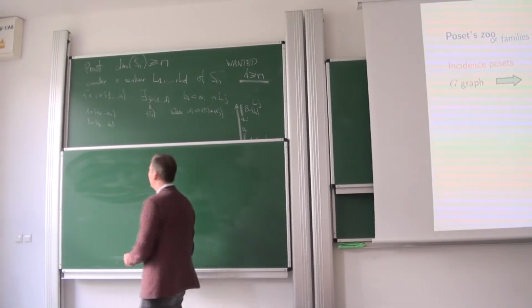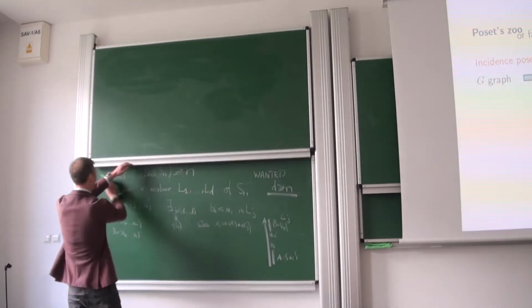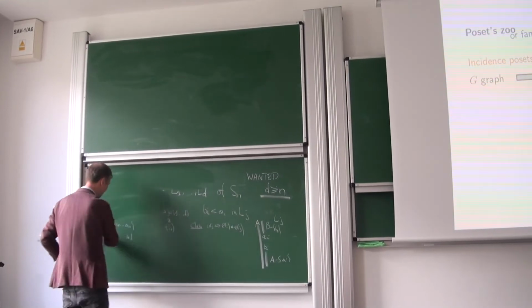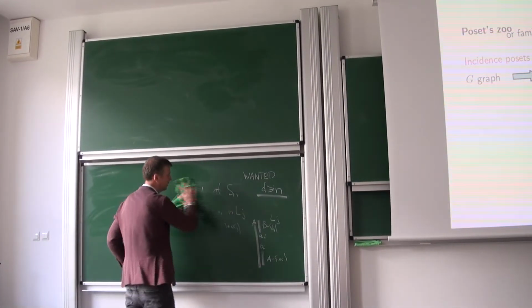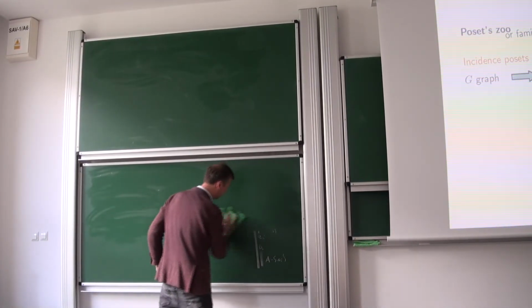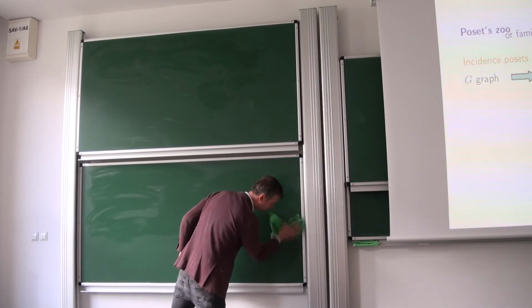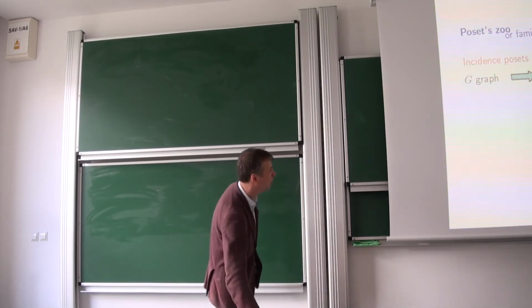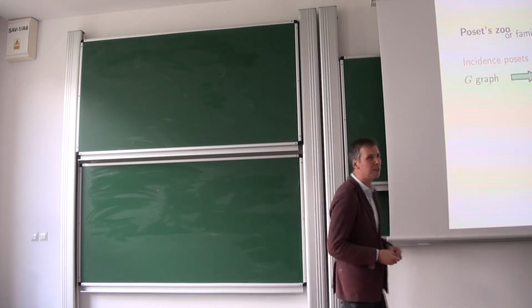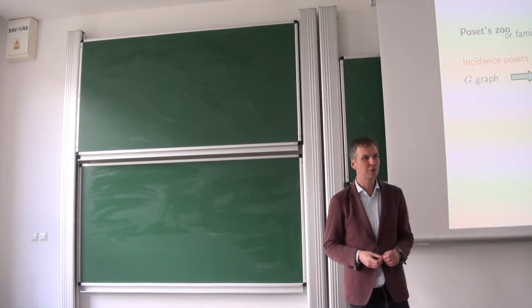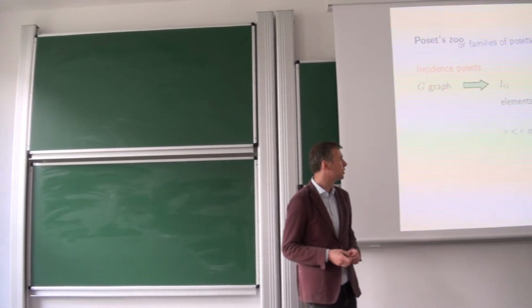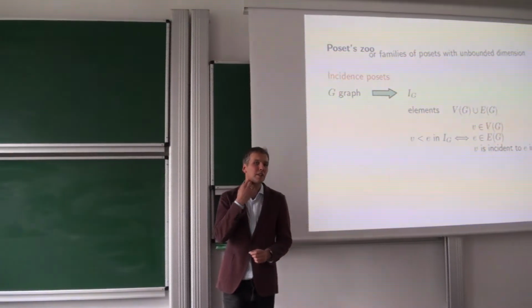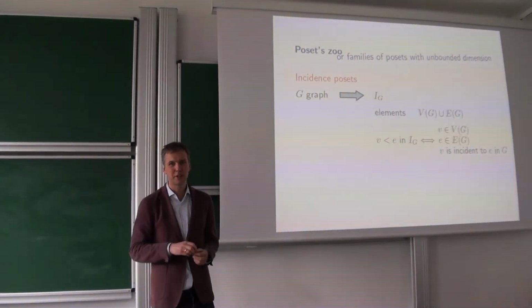So there are two ways to make a poset from a graph. One is incidence posets. Given a graph G, you can construct a poset whose elements are the vertices and the edges of your graph.